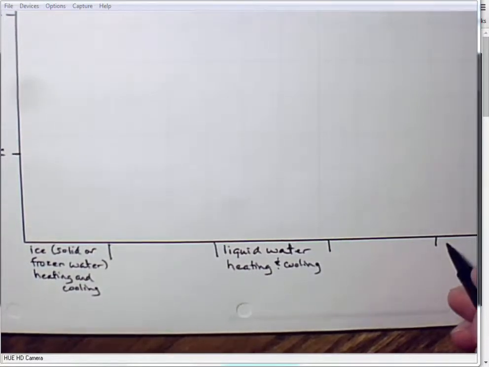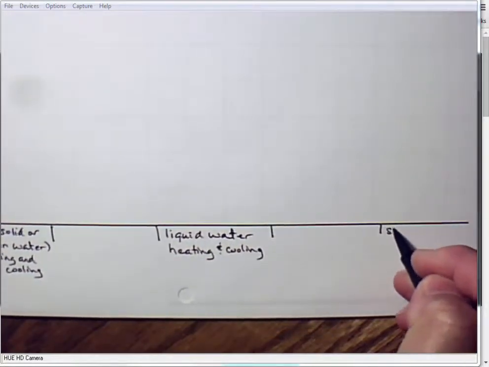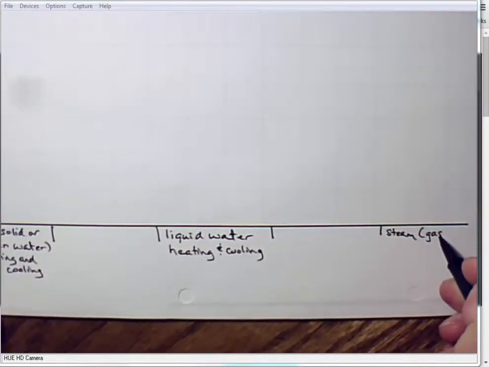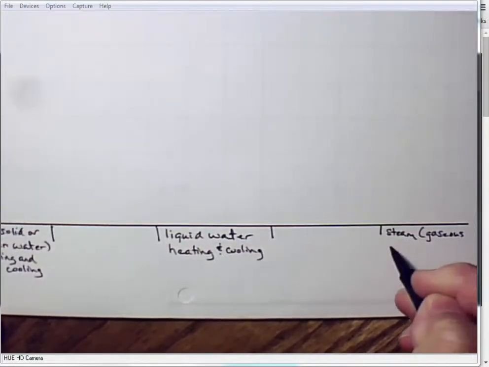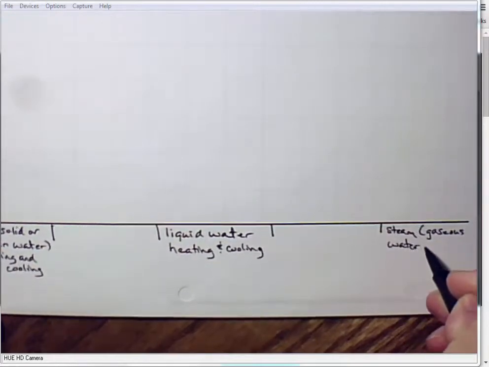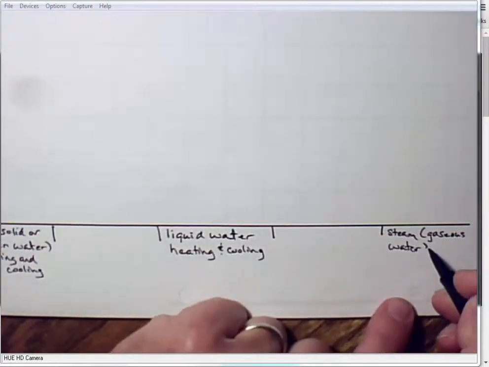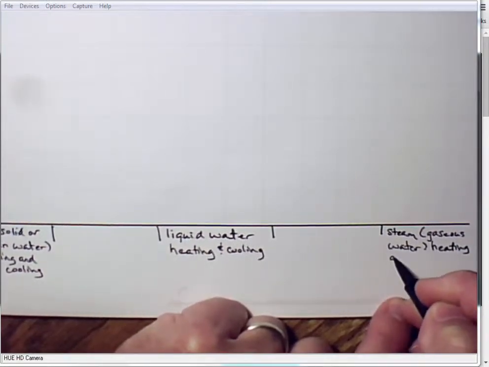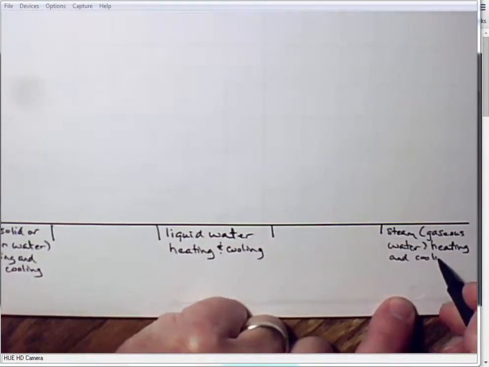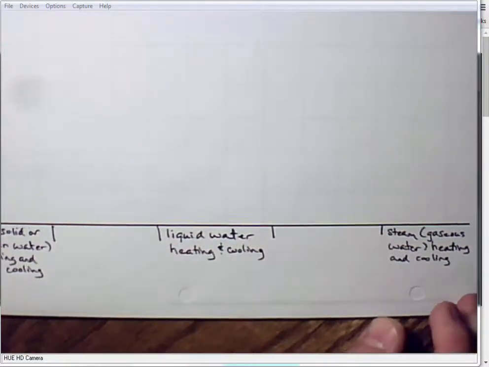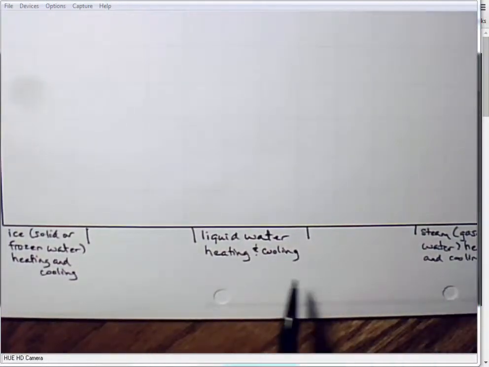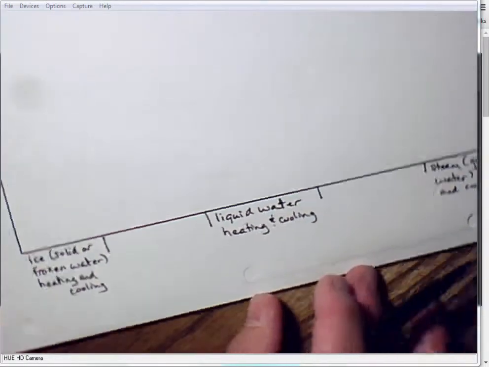So up here we're going to have steam, which is gaseous water, and this is the heating and cooling range for steam. So ice, liquid water, and steam. And in between, you have to change from one to the other.